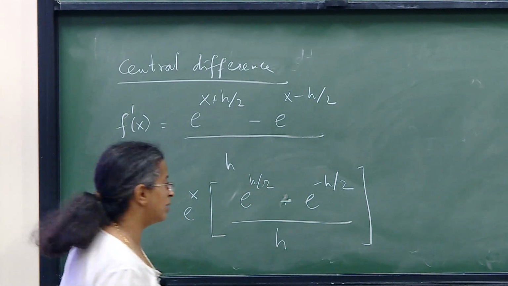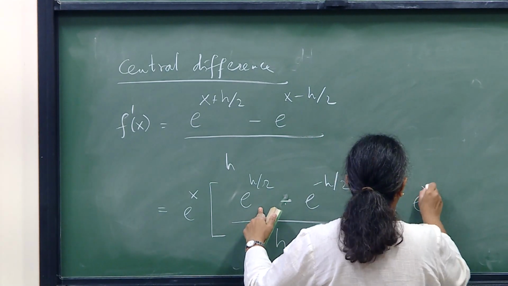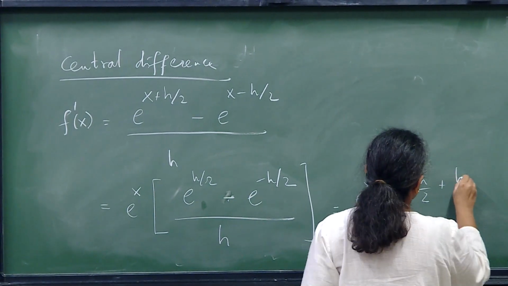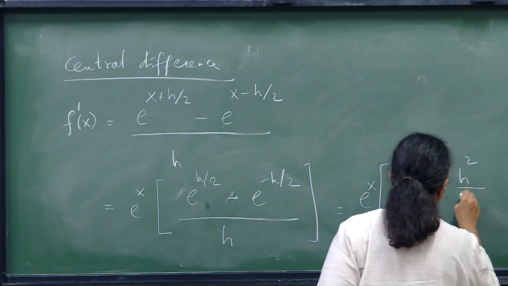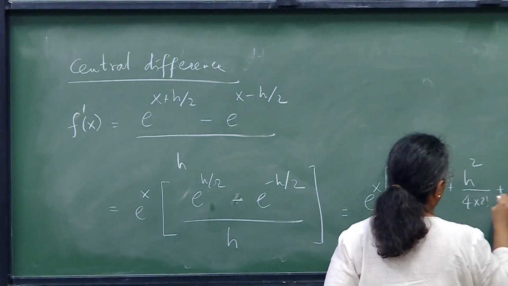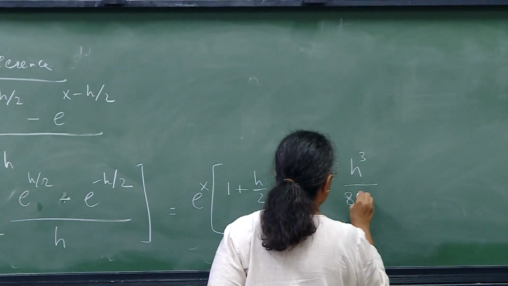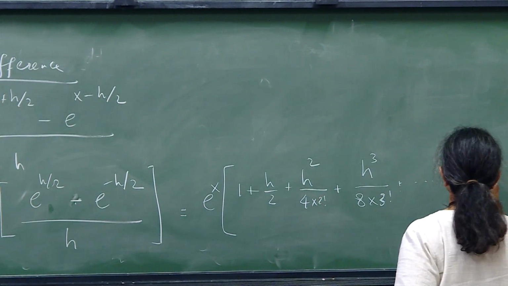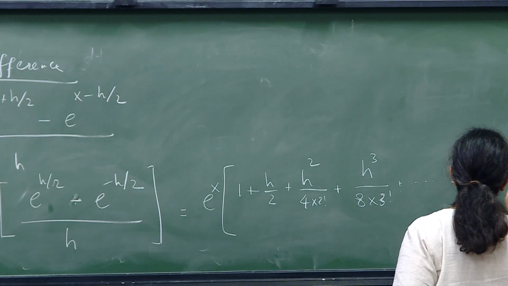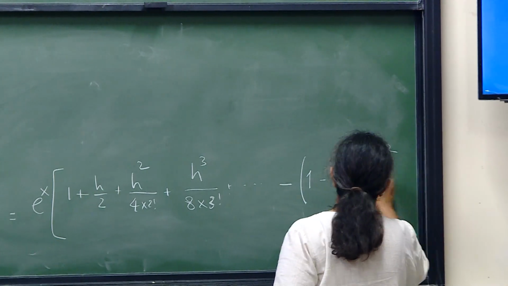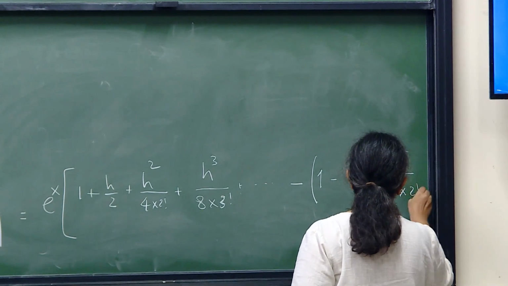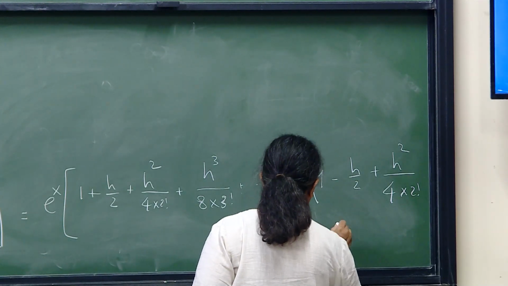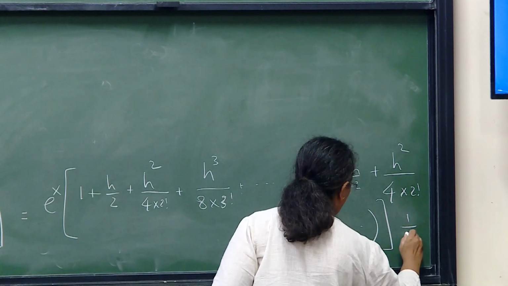So simplify, what happens? Expand it again. So you have e to the x into 1 plus h by 2 plus h square by 4 into 2 factorial plus h cube by 8 into 3 factorial plus etc. minus 1 minus h by 2 plus h square by 4 into 2 factorial minus h cube by 8 into 3 factorial plus etc. into 1 over h.